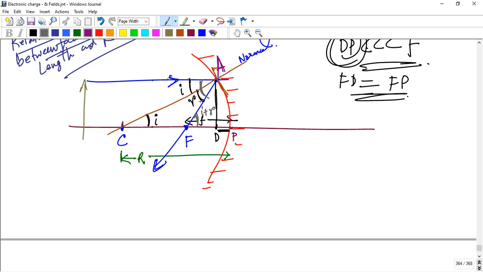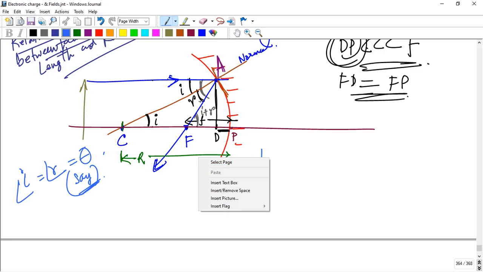Now see very carefully. I equals R, by the laws of reflection, say theta. Now see the first triangle, ACD.